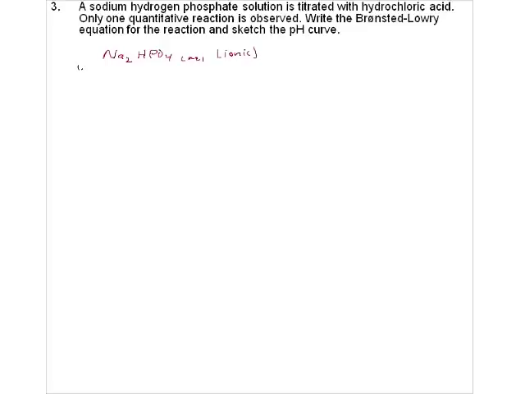But in any case, hydrogen phosphate is HPO4 2-, so it's going to require 2 sodiums in order to neutralize it. So in a sense, the sodium is not important. It's the hydrogen phosphate that you guys would want to look up. All right, and that's HPO4 2-.